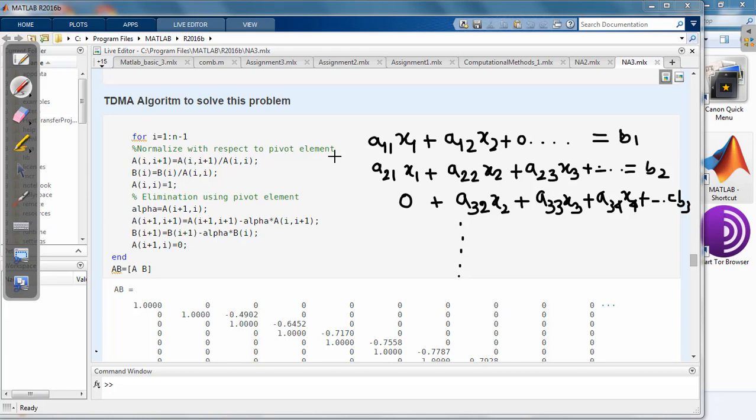So this is the format of the tridiagonal matrix. Okay, right? So what we are going to do, the first step, is to divide with the pivot element.